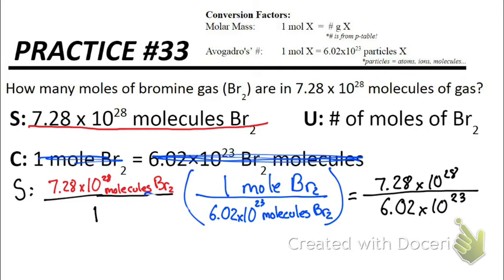Now, when we plug this into your calculator, you need to be really careful. Want to make sure that you put parentheses around each of your scientific notation terms, because if you don't, you'll get a wrong answer. And this is because your calculator is using the order of operations, so it's PEMDAS. We want to make sure that it's calculating the exponent first and then dividing the two numbers.